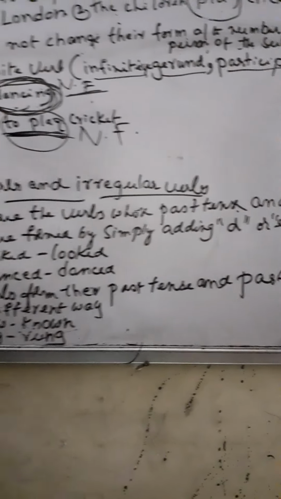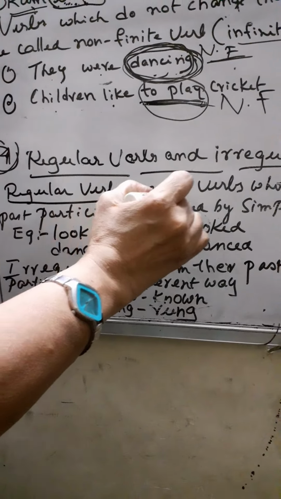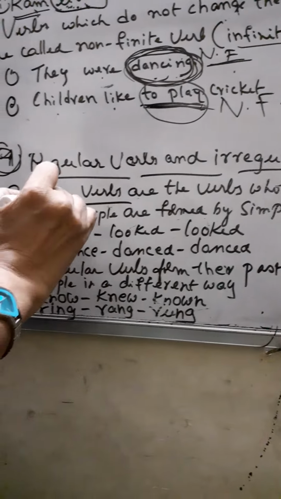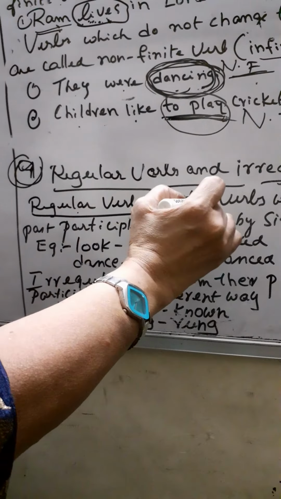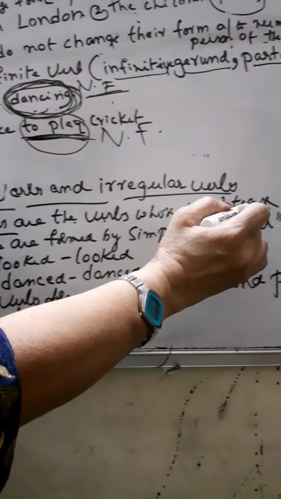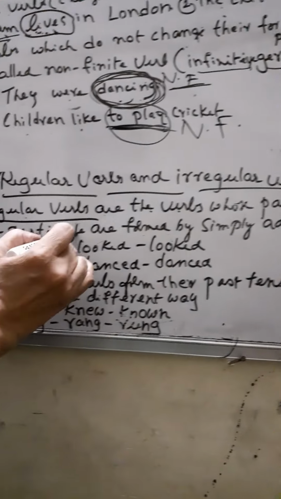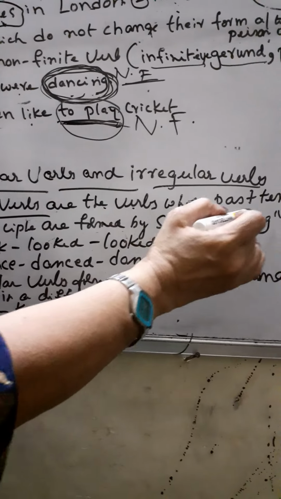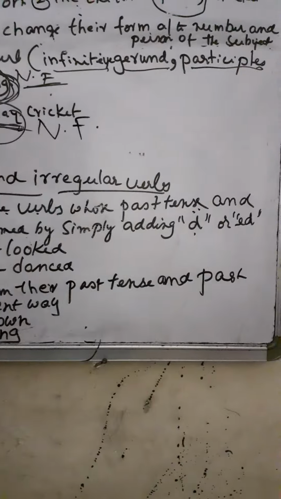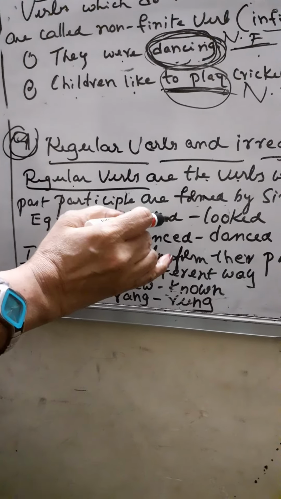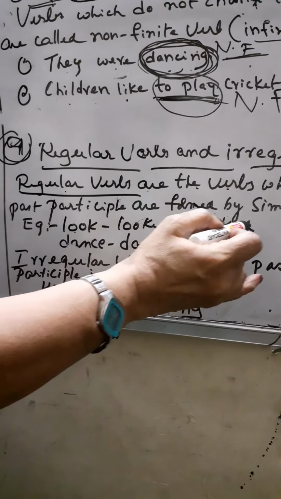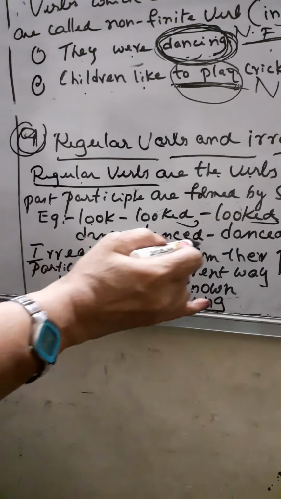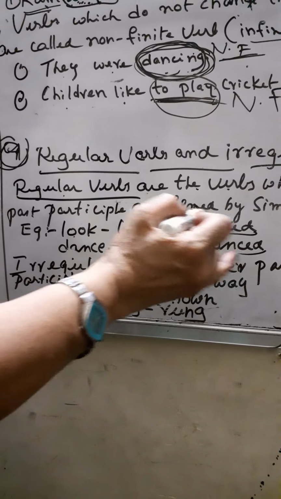For example, look, looked, looked, ed, ed. Dance, danced, danced, ed, ed.